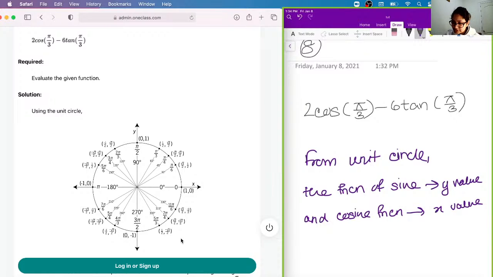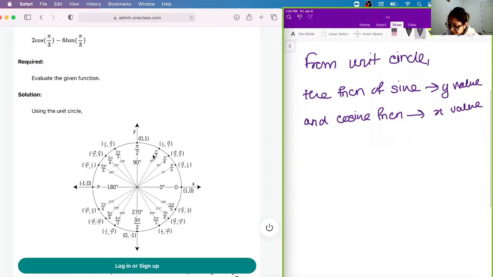So looking at the unit circle, the coordinates of the point corresponding to the angle pi over 3, you can see pi over 3 is right here, which is 60 degrees. You can see that the point for pi over 3 on the unit circle is one half, and root 3 over 2.